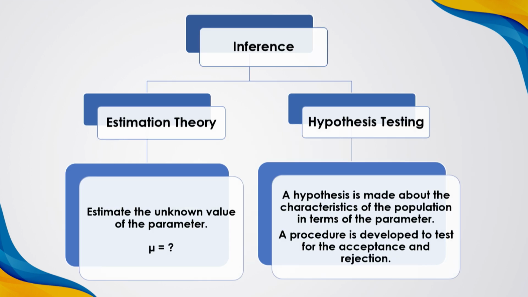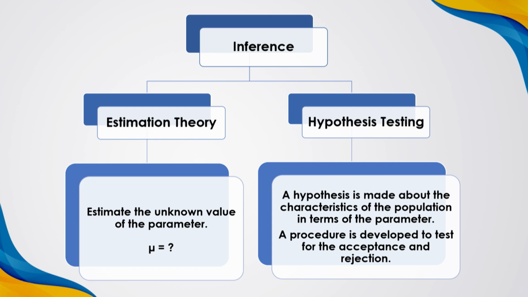Inference. Again, the inference can be divided into two parts. One is estimation theory, another one is hypothesis testing. In the estimation theory, what we do is we estimate the unknown value of the parameter. Here the parameter is mu, therefore, the value of the parameter is unknown.